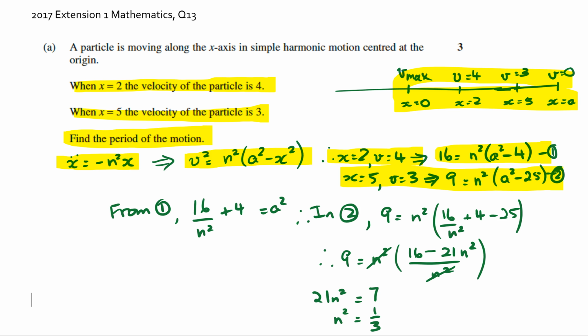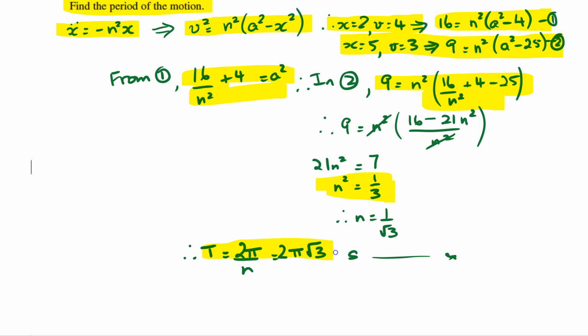We solve those simultaneously by dividing one equation by the other. So we get this, and plug it into this, solve that, get our value for n, and we need our value for n to be able to get the period because n is 2 pi on T. So we have that T is 2 pi root 3 seconds.